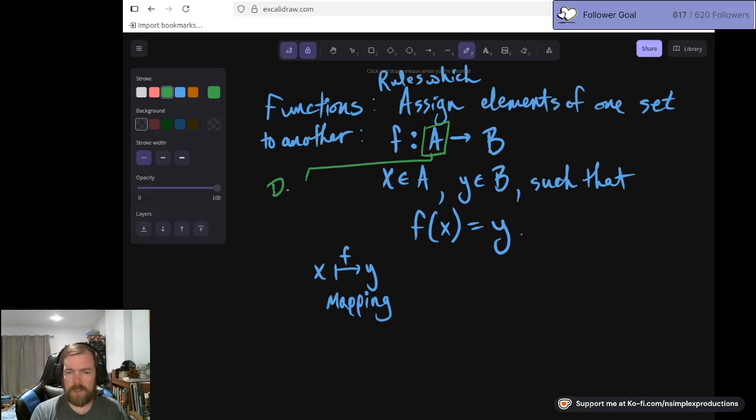A is going to be the domain, which is a set which is going to contain all valid inputs of f.